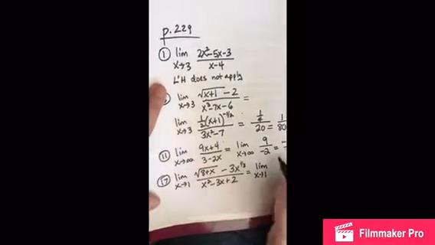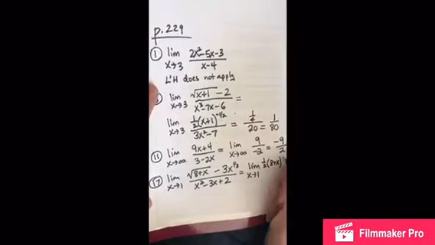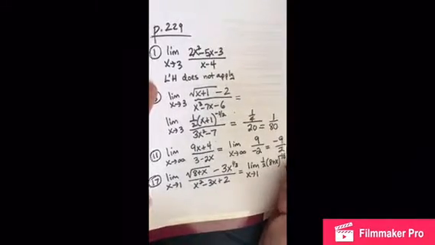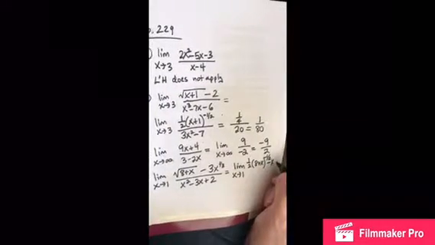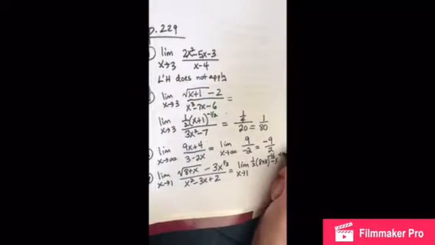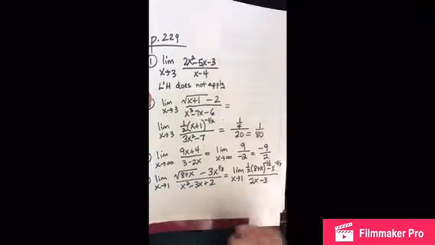And so the derivative of the numerator would be 1/2 times 8 plus x to the negative 1/2, minus 1/3 times 3 is 1, x to the negative 2/3, over 2x minus 3.